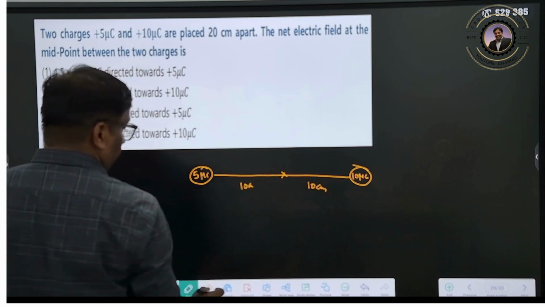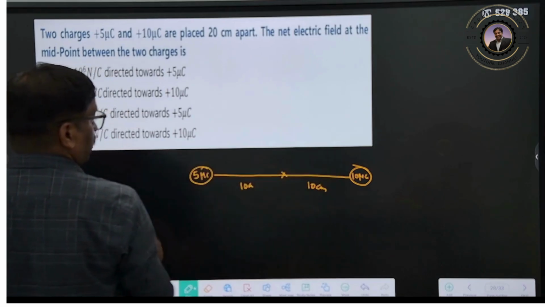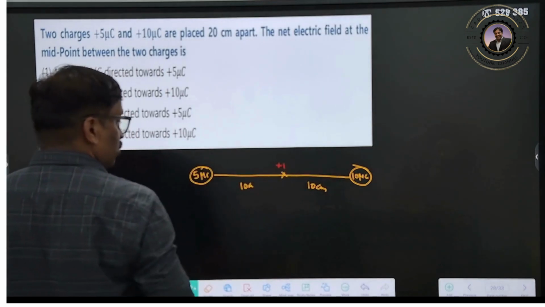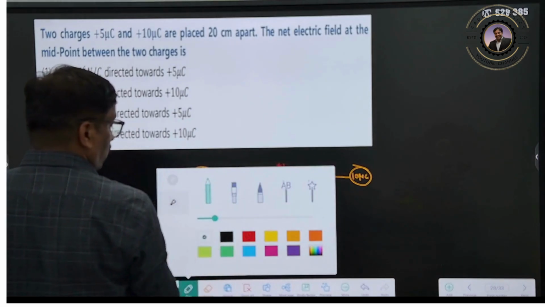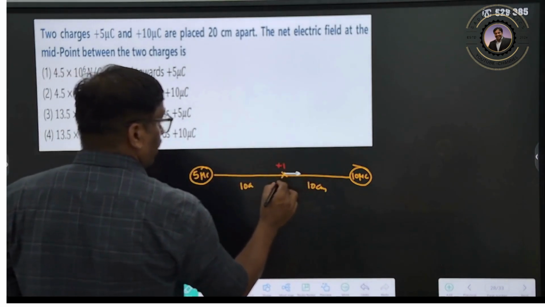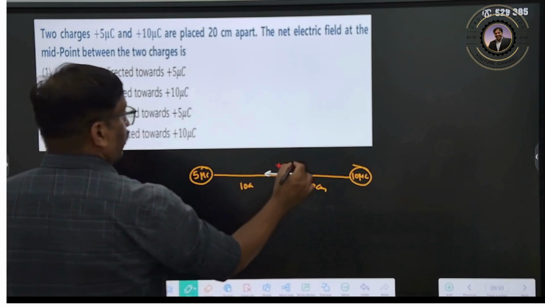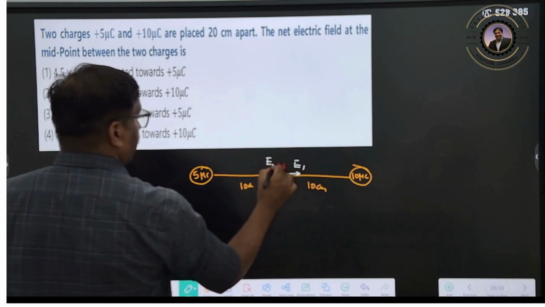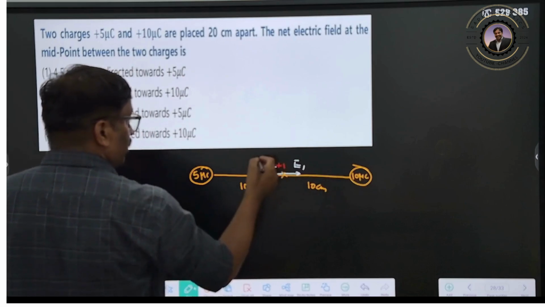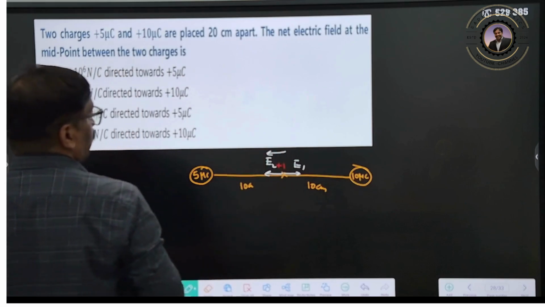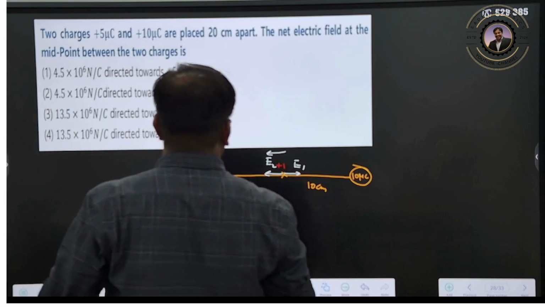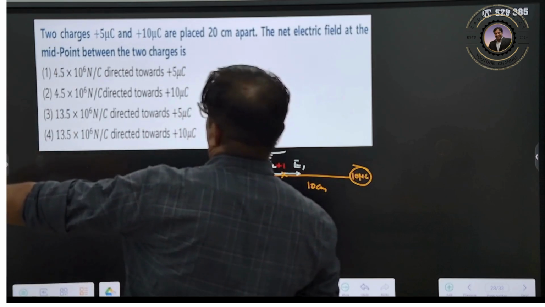Clear? So what will happen here? You have to assume plus 1 coulomb. When plus 1 coulomb is assumed, it will undergo repulsion. This is due to E1 and E2. This charge is more, E2 is greater, therefore the net electric field is toward this side. So the net electric field is toward the plus 5 coulomb, right?